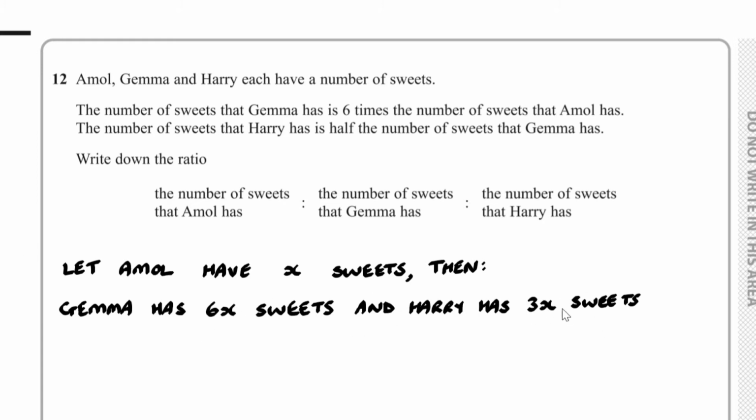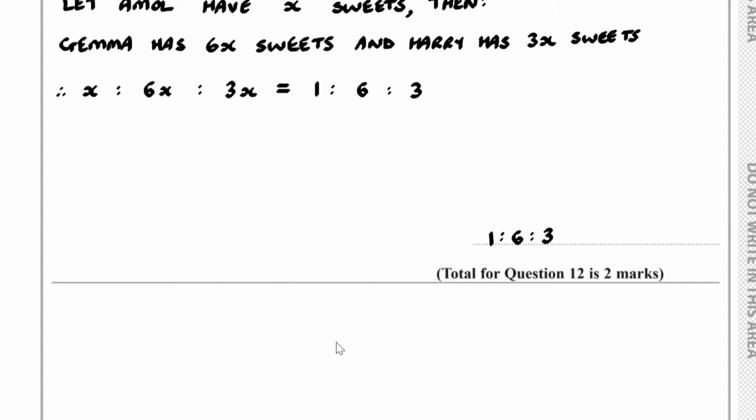Half of 6x is 3x. So therefore, for the ratio of Amal to Gemma to Harry, we have x to 6x to 3x, which simplifies to 1 to 6 to 3. So we have 1 to 6 to 3.